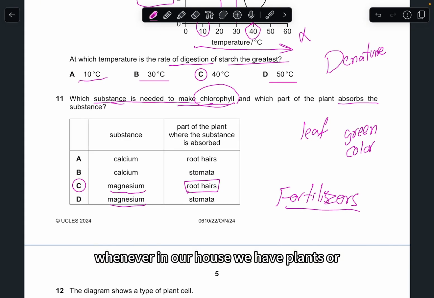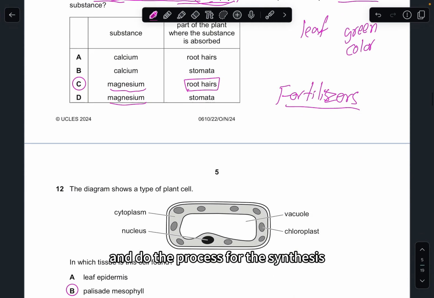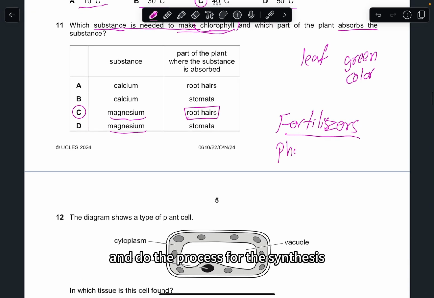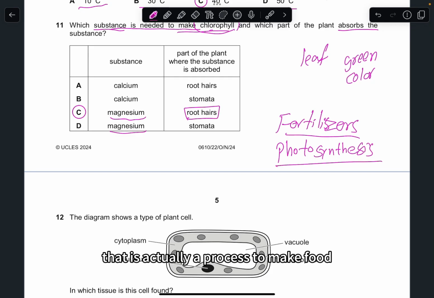Whenever in our house we have plants or flowering plants, their leaves become yellow, so we give them fertilizer, because the fertilizer has the magnesium ion, so that can be absorbed by the root hairs and it makes the chlorophyll, so the leaf gets green color. So that green color absorbs light and does the process of photosynthesis. That is actually a process to make food.